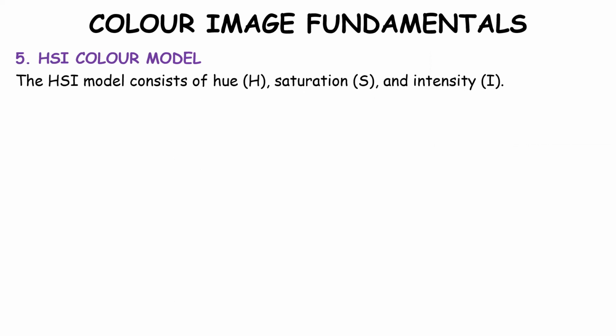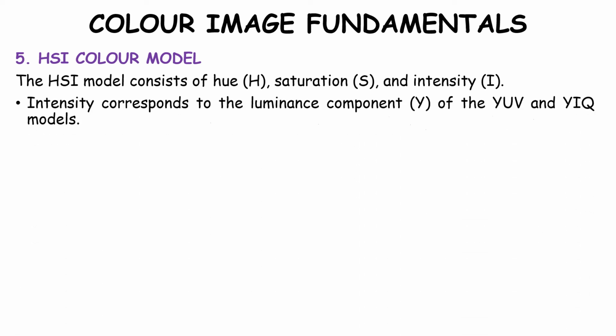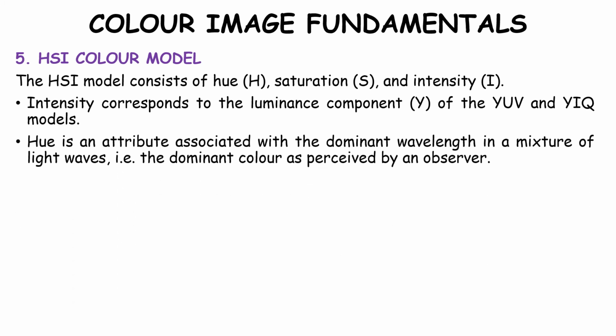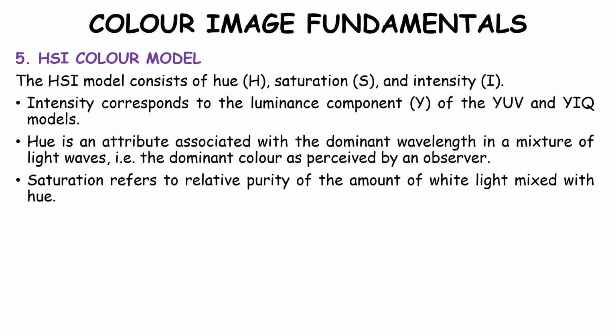The last color model under study is the HSI color model. This consists of H for hue, S for saturation and I for intensity. Intensity corresponds to the luminance component Y of the YUV and YIQ models. Hue is the attribute associated with the dominant wavelength in a mixture of light waves, that is, the dominant color as perceived by an observer.